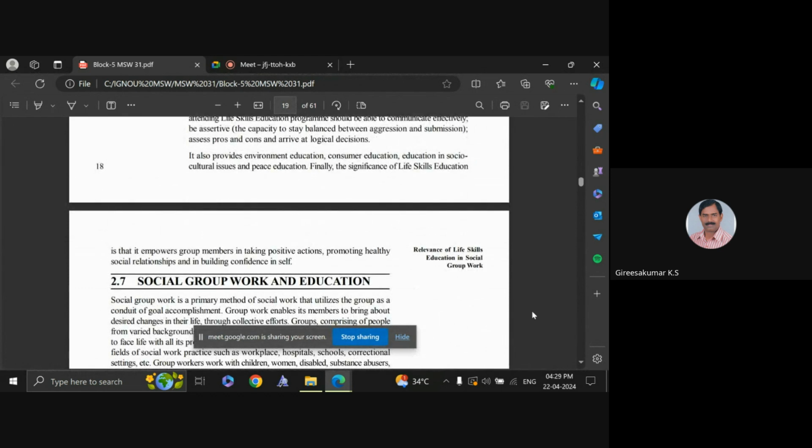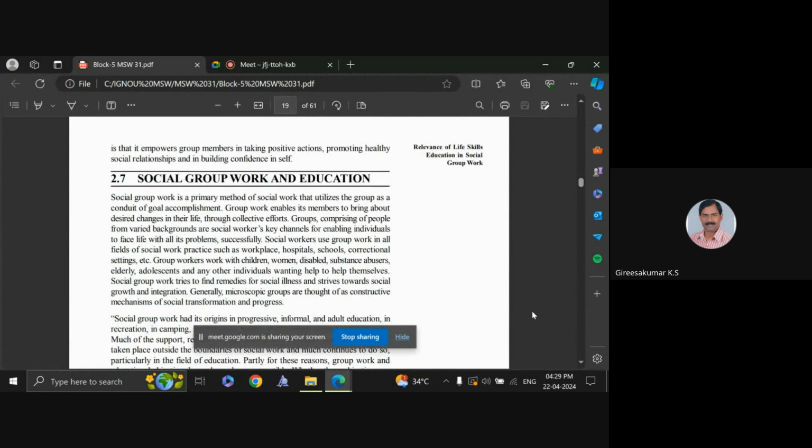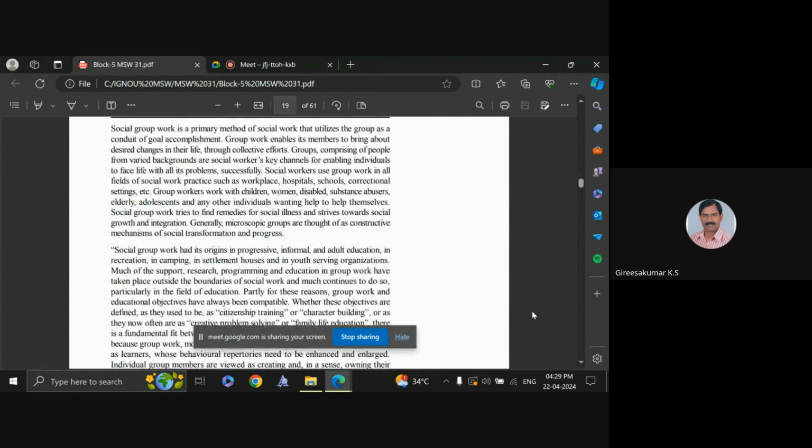Then social group work and education. For goal accomplishment, the need of groups is very much necessary. Social group work had its origins in progressive, informal, and adult education. That is, group workers work with children, women, the disabled, substance abusers.